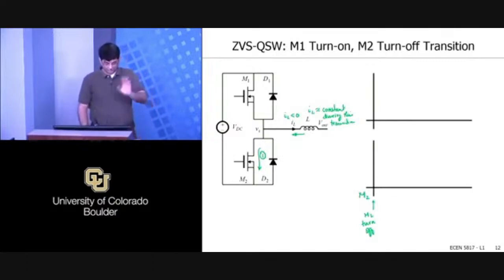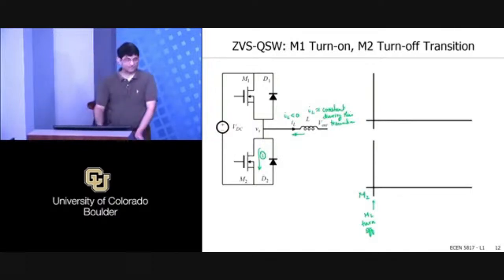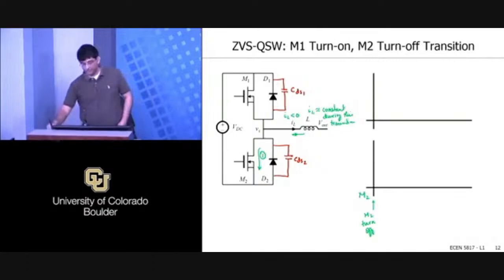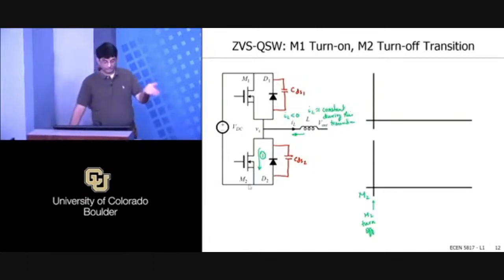That's exactly what's going to happen. Eventually it's going to get into D1, but let's now add back in the capacitors and do the real problem and see what happens with these capacitors. So here's CDS2, here's CDS1, all right? Now it won't immediately get into D1. There's an intermediate step, right? So I turn M2 off. There's no place it can go into M2. It can't go into D2 because that would be going in the backward direction.